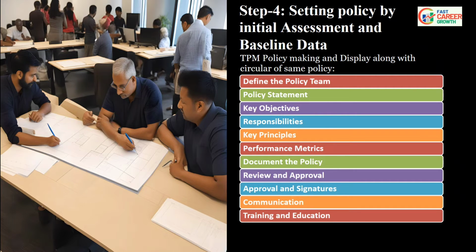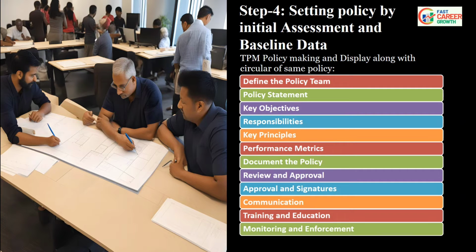Training and education. Alongside the policy, provide training and education sessions to employees about TPM principles and how the policy will be implemented. Monitoring and enforcement. Establish a system for monitoring and enforcing the policy. This includes regular reviews, audits, and corrective actions to ensure compliance with TPM practices.